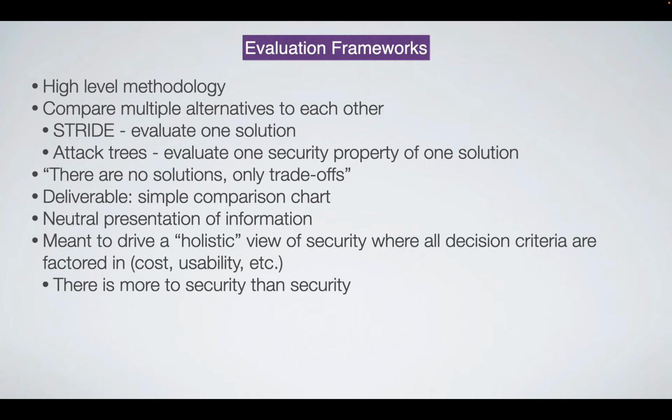Now that this thing is installed, everyone has to have this extra app and they have to put an extra pin in and they have to link their apps together and they have to do that every time they log into the system or something like that, okay? So that's going to be a usability burden. So what we try to do in an evaluation framework is we try to take a holistic approach: basically anything you can think of that would impact someone's decision, you're going to try and include it.